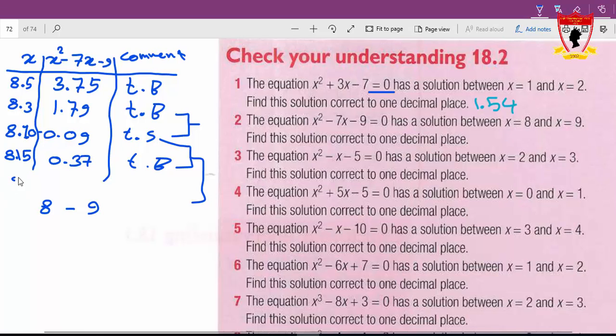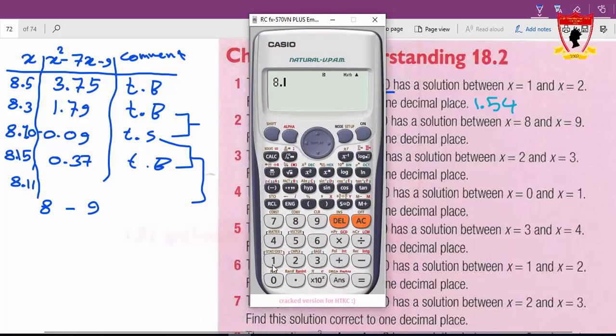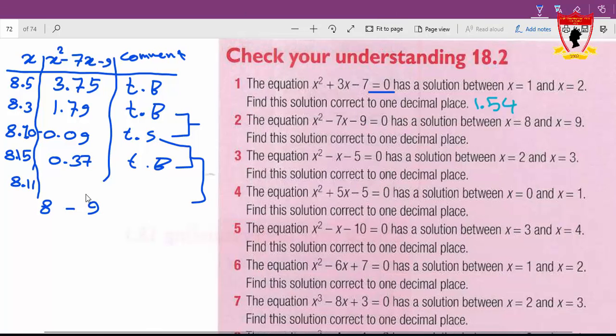And let's pick 8.11 and let's see what we get. 8.11 power 2 minus 7 times 8.11 minus 9. The answer is very close to 0. It's 0.0021.